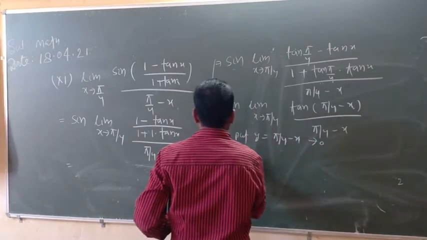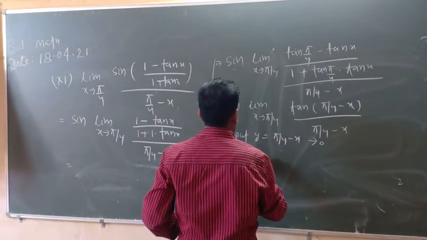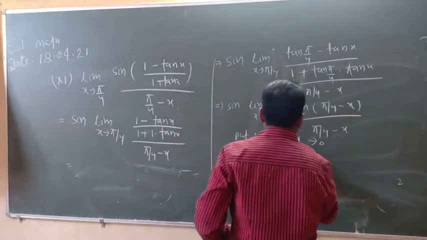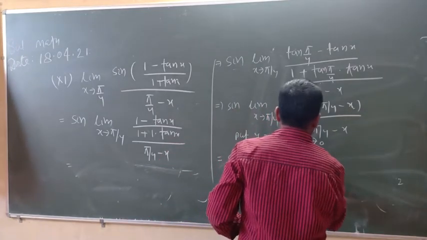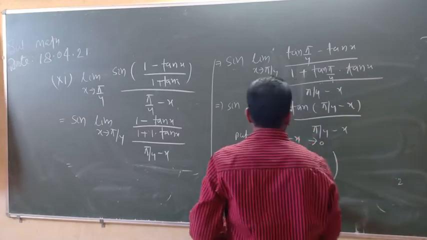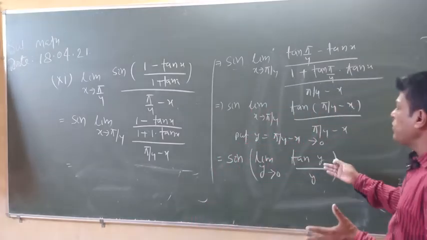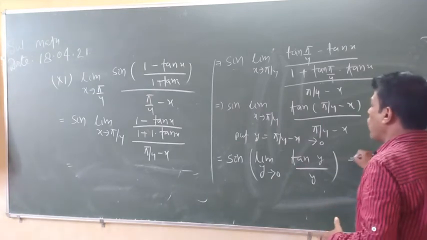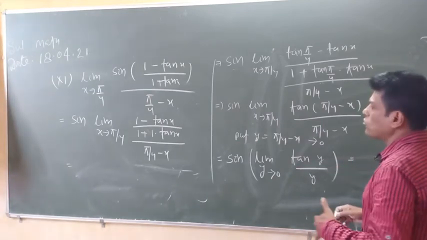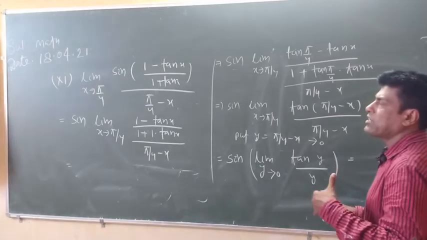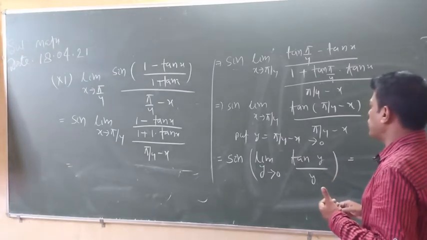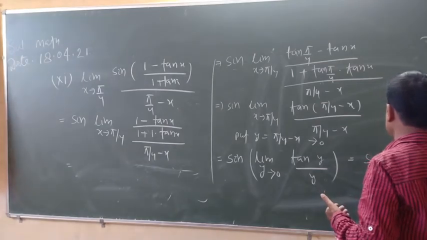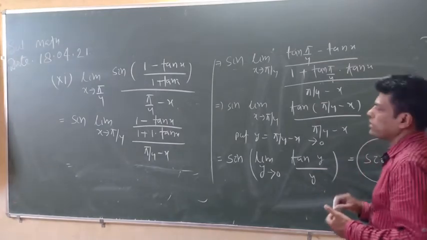So now sine of limit y tends to 0 of tan y divided by y. You know this identity: limit y tends to 0, tan y by y is equal to 1. That is sin 1. Answer.